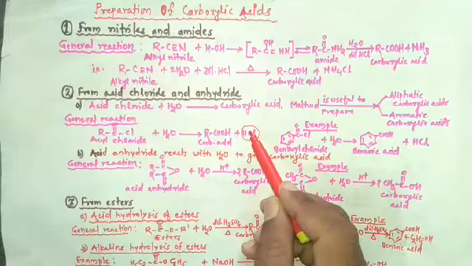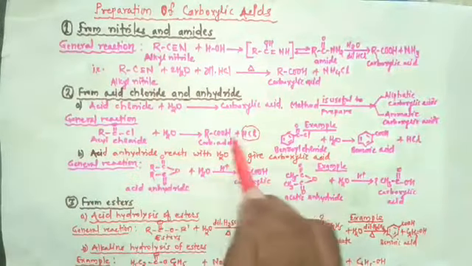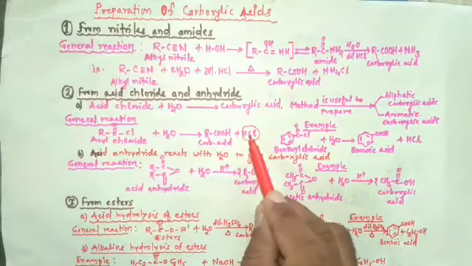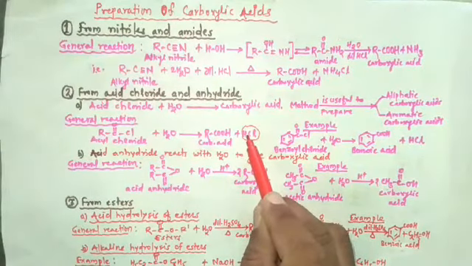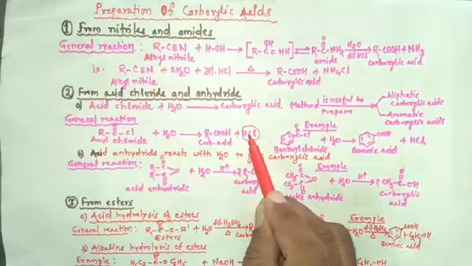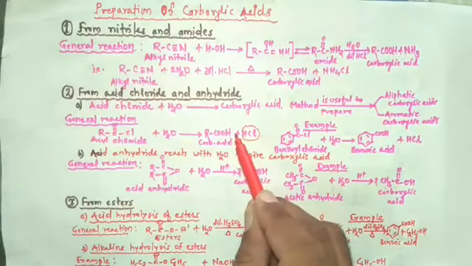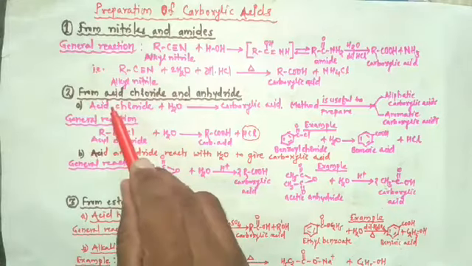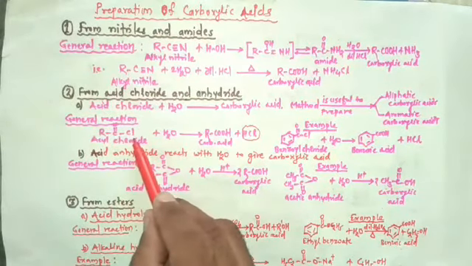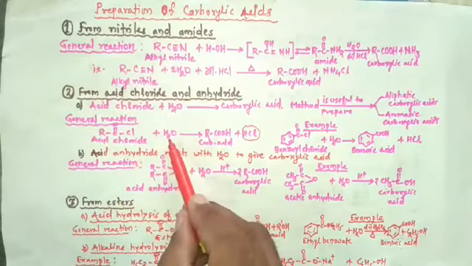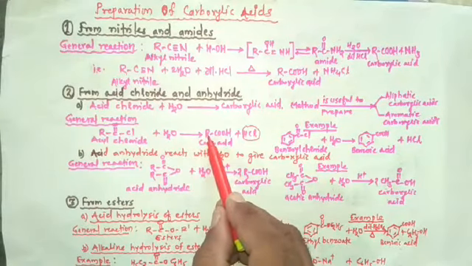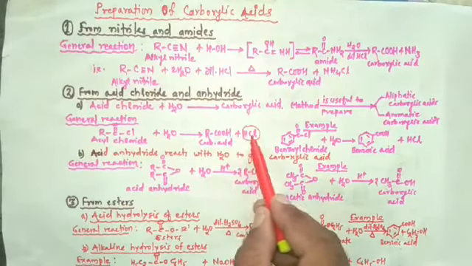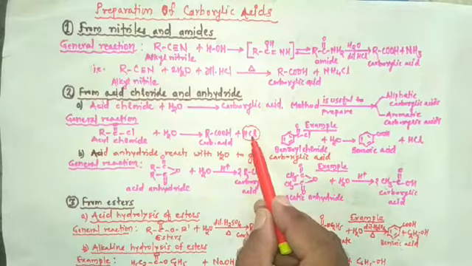So to remove the HCl generated in this reaction, NaOH or pyridine is used. Let's represent the general reaction. Acid chloride, that is RC double bond OCl, on reacting with water produces carboxylic acid, that is RCOOH, and the byproduct formed is HCl.